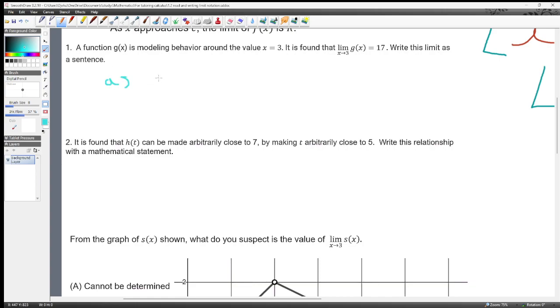As x approaches, actually, I don't know how to write it down. As x approaches 3 from the function g of x, the limit will be 17.